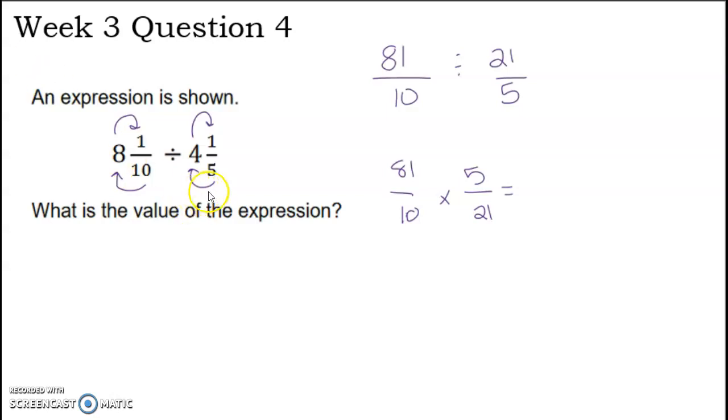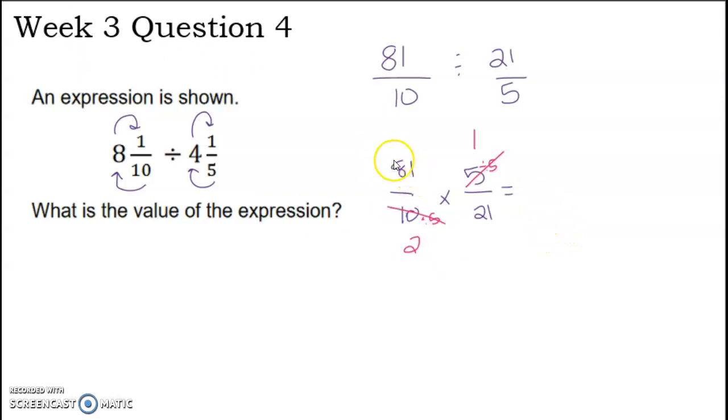It's kind of cool. So you look at crosses. Let's look at 10 and 5. If there is a number that goes into both of those, I can simplify. I do know 5 goes into both of them. If I divide them both by 5, this changes to a 1, and this changes to a 2.